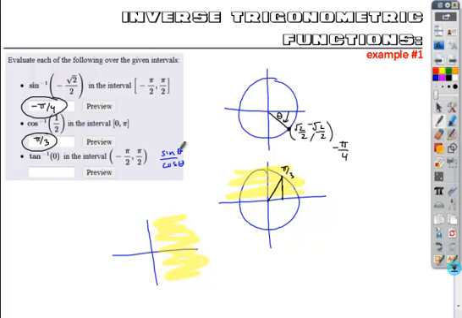So where is the sine equal to 0? Well, the sine equal to 0 in the unit circle is right here, right? Because this is the point 1, 0, where the sine is 0. That gives you the tangent. And so the angle for which this is the case between negative pi over 2 and pi over 2 is 0.